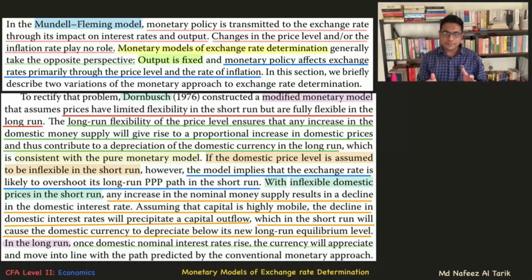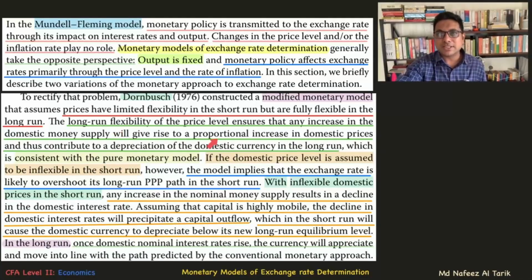The shortcoming of the pure monetary model was that purchasing power parity holds in both the short and long term, but in reality it rarely holds in the short to medium term. So Dornbusch constructed a modified version, assuming prices have limited flexibility in the short run but are fully flexible in the long run.